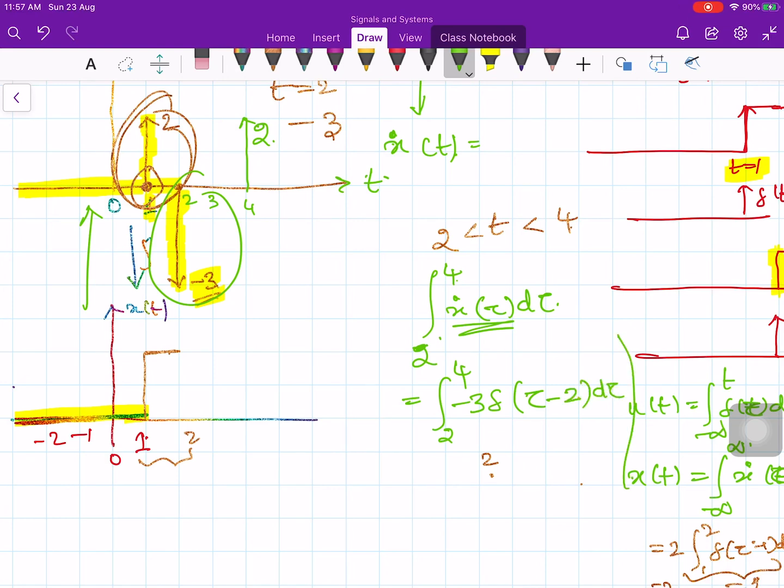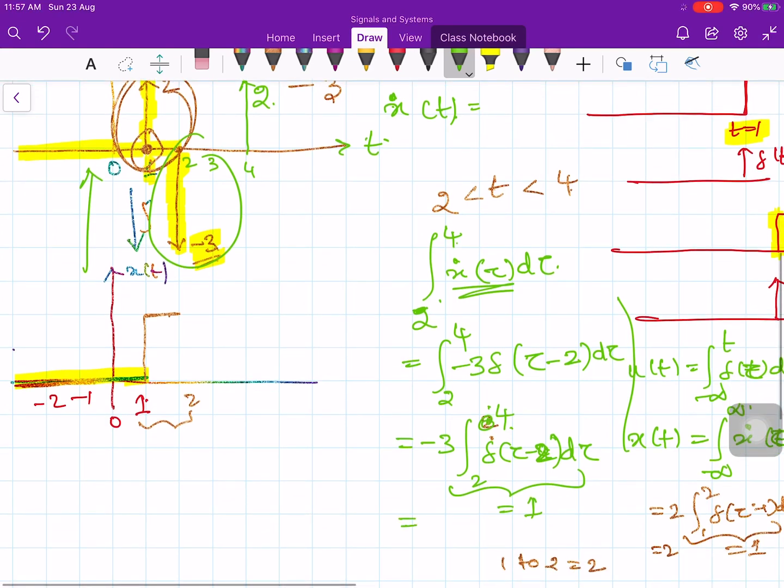Now that 3 can be taken outside: minus 3 times the integral of 2 to 4 del of tau minus 2 d tau, and again the area is equal to 1. So therefore this integration is equal to minus 3.